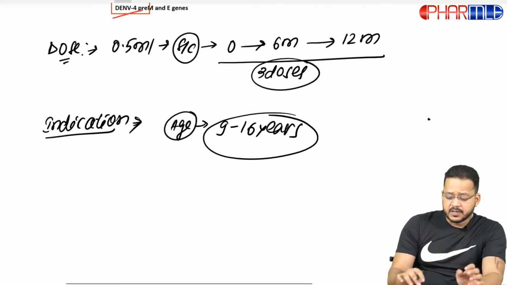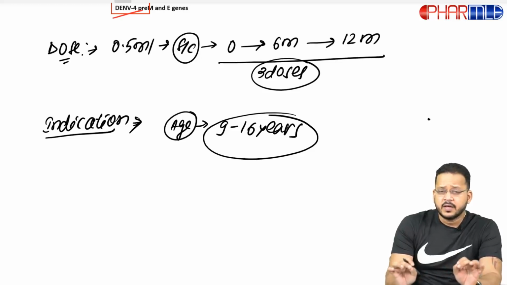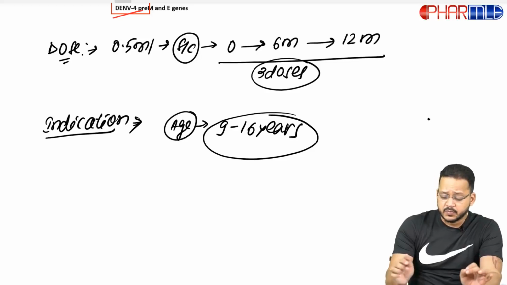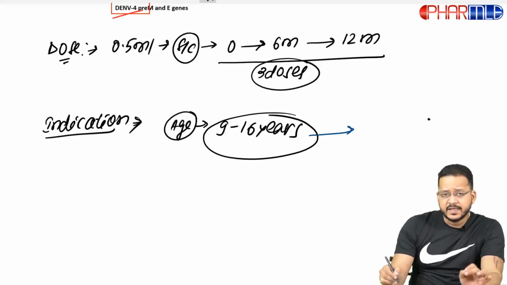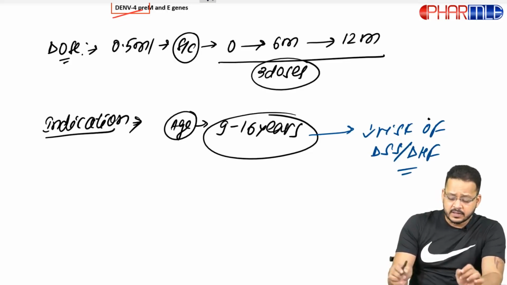The main aim of this vaccine is to prevent or decrease the risk of severe dengue disease, that is dengue hemorrhagic fever or dengue shock syndrome. If I go beyond 16 years, in adults, there is a decreased risk of dengue shock syndrome or dengue hemorrhagic fever. That is why it is not used in adults.